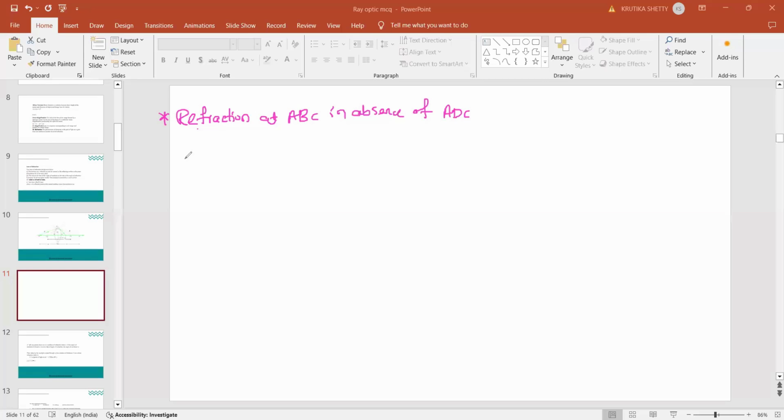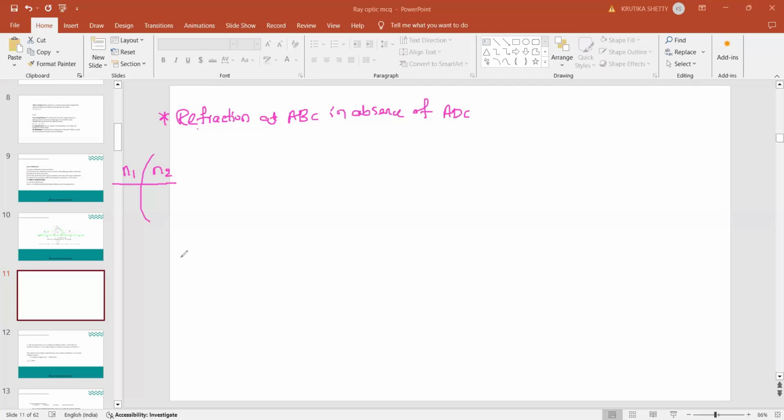So first, what all we require: refractive index of the object, refractive index of the image. Then next, the distances. According to that equation, the first term, students, is the refractive index of the image space. Suppose you consider this as a lens, this is taken as N1 and this is taken as N2 in absence of the second surface.